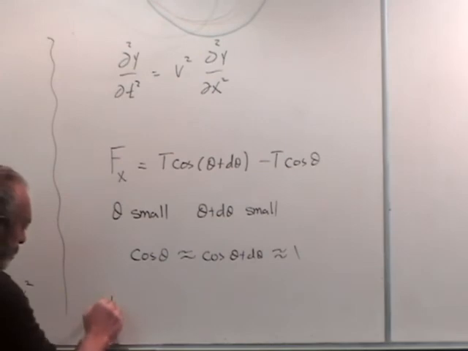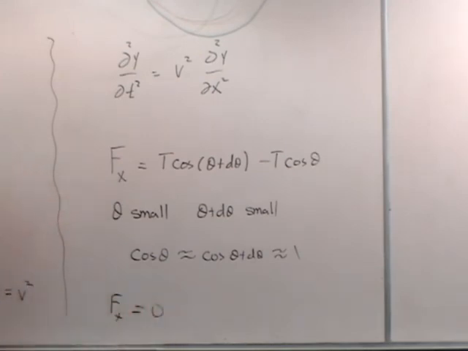Hence, therefore, F in the x is 0. Well, wait a minute, I thought it was accelerating. It is, just not in the x direction. The particles are only moving in the vertical direction, so we just verified, yes, there is no movement in the x direction. There's no net force in the x direction because the angle is small.